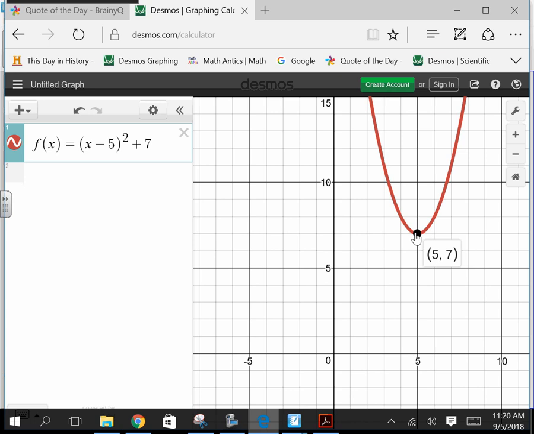What if I wanted to make the x negative, though? What if I wanted the vertex to be, let's say, at negative 3, 10? What would my function look like? Just plug in 3 and 10. But I wanted negative 3 and 10.